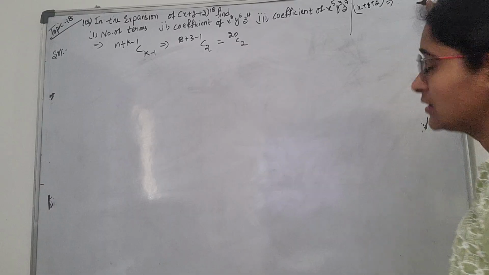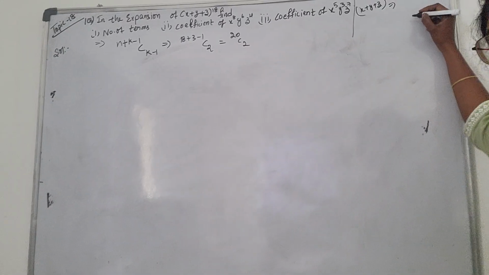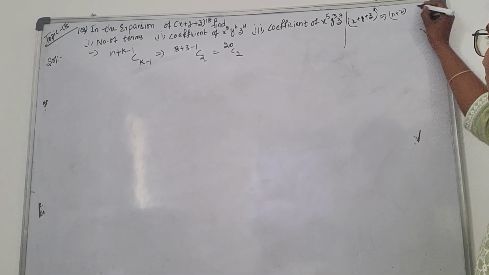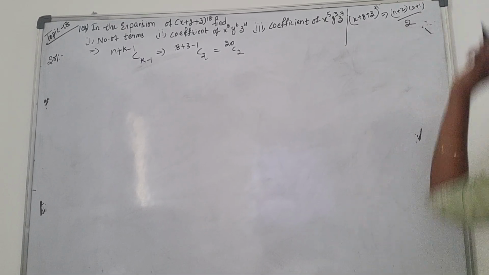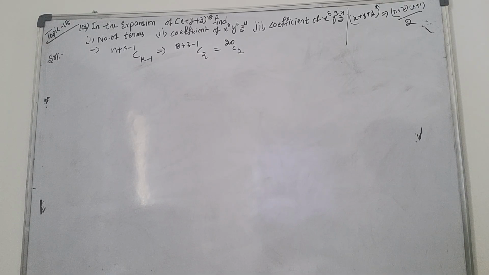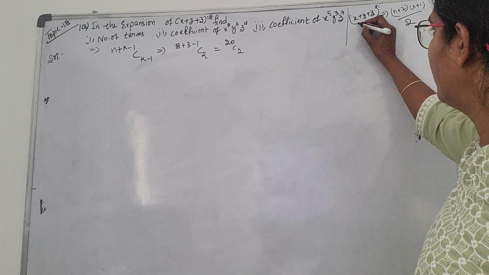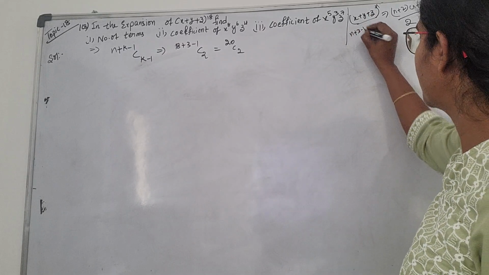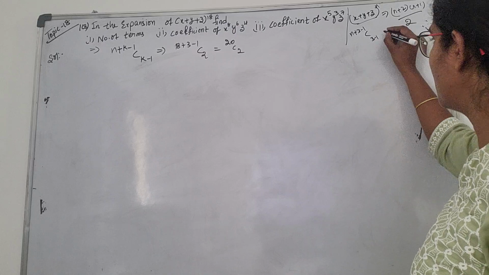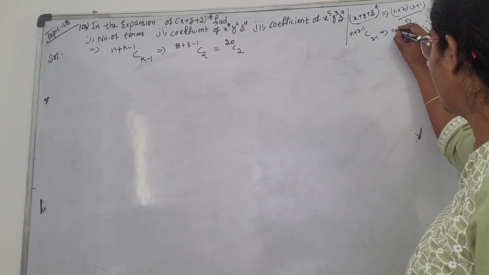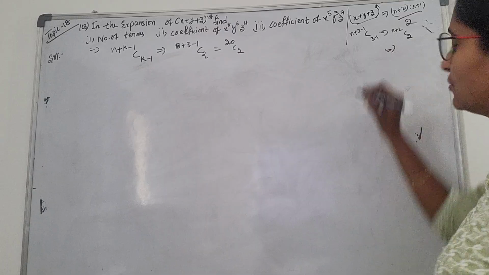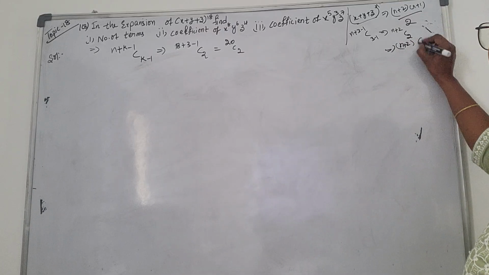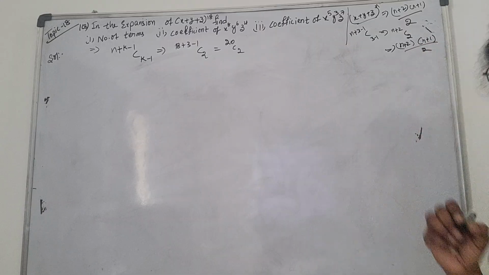For the number of terms, I can directly go with (n + 2)(n + 1) by 2. How? However, you got k as 3 here, so (n + 3 - 1) C (3 - 1) is (n + 2) C 2. How do we write it? (n + 2)(n + 1) by 2, right?